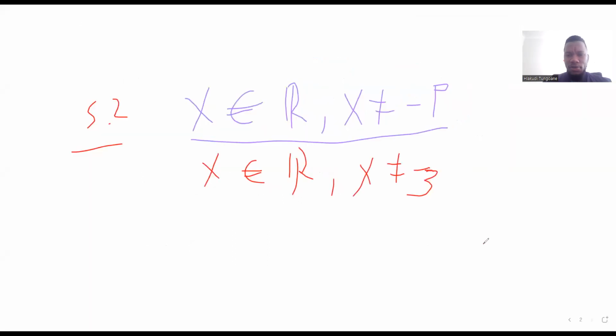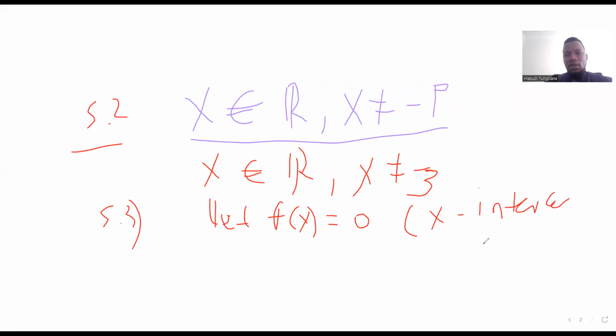So 5.3. We're going to say let f of x equal 0 for getting the x-intercept, right? Okay, so what is f of x?